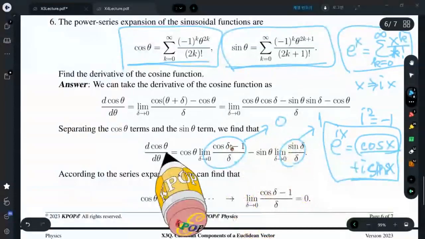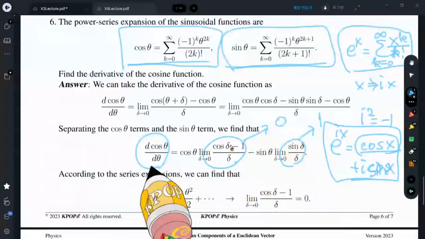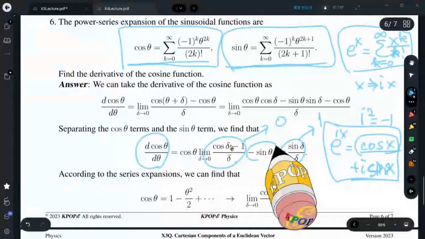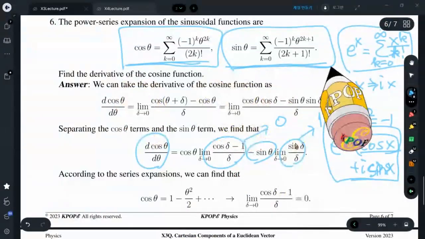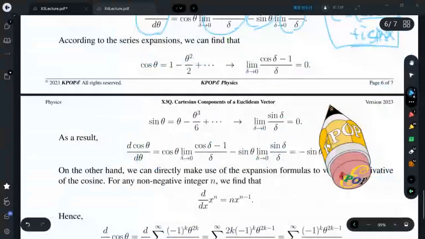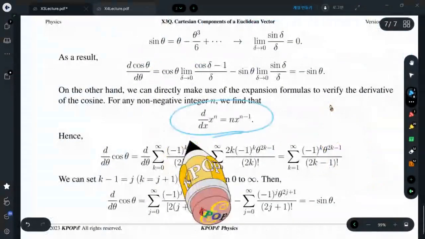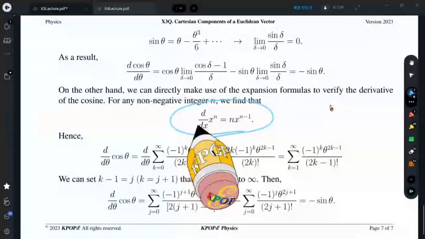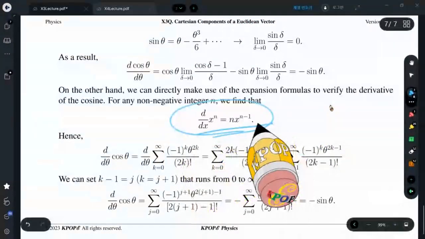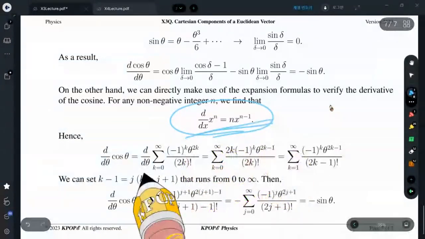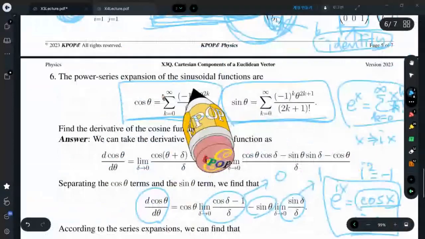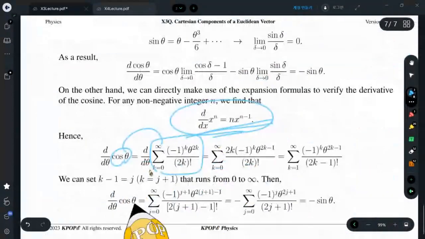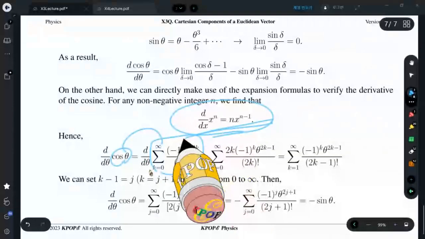As a result, the cosine's derivative is found to be minus sine. In a similar manner, sine's derivative becomes cosine. However, we can still make use of series expansion, and we know this formula, the polynomial's derivative. You know this one very well. If you apply this to the series expansion of cosine that I wrote here, and sine, you can reproduce the result.